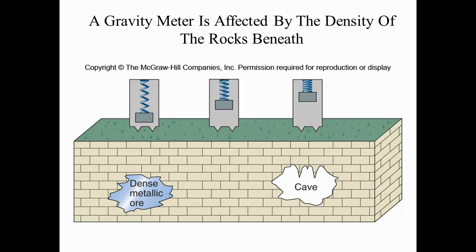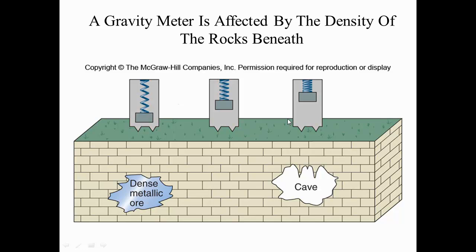And here's an example of 3 gravity meters. And notice that the gravity meter on the left, which sits above dense metallic core, is pulled down a little bit stronger relative to the gravity meter in the center. And that's because of this dense metallic core, which exerts a greater gravitational attraction on the surface.